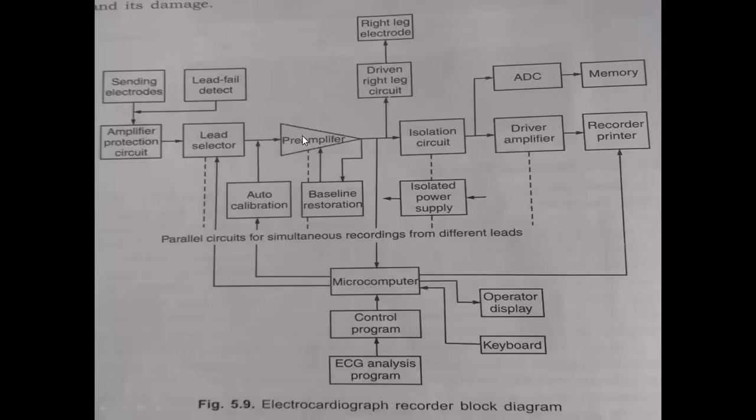Here we have two amplifiers. One is the preamplifier and another one is the driver amplifier. The driver amplifier will drive the recorder pen. The driver amplifier signal is coming from the preamplifier. To drive the pen of the recorder, the driver amplifier is required to produce high power gain.